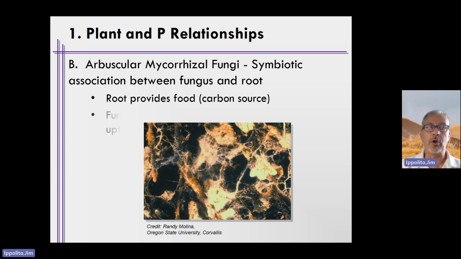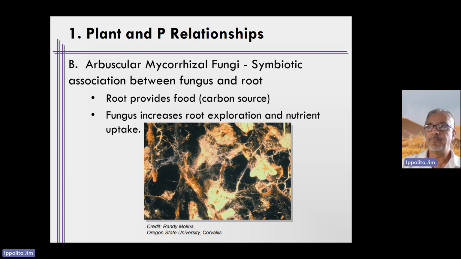In return, the fungus increases root exploration for nutrient uptake. In this case, phosphorus for this unit, but other nutrients as well. And it doesn't say this here, but it also increases the amount of water that can be taken up by the plant itself. The fungi are a conduit for water as well back to the plant.